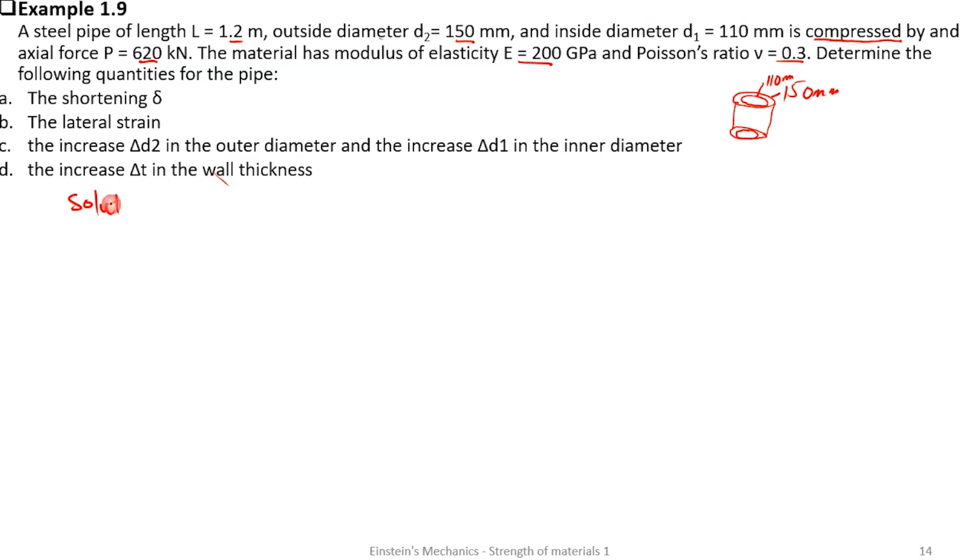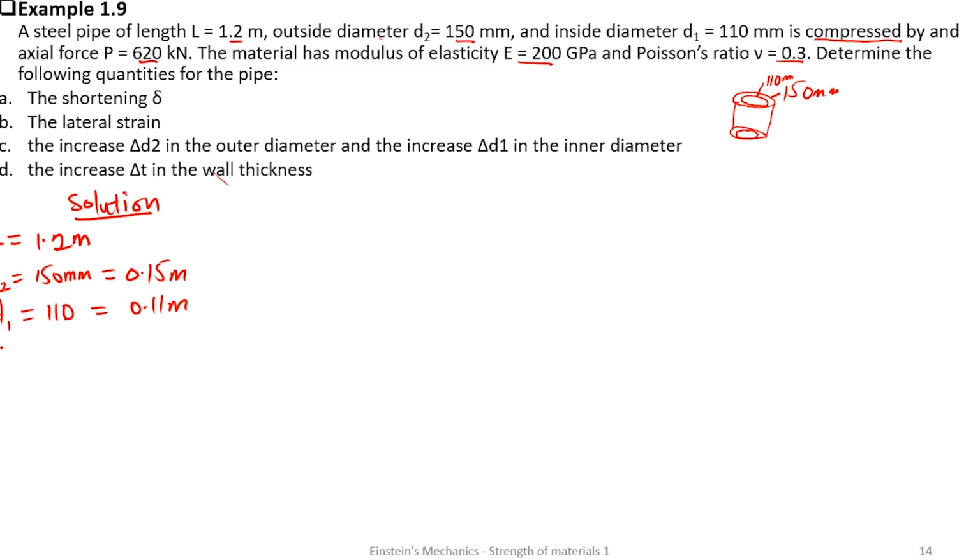The solution is quite interesting. You'll love it. This is strength of materials. So the length is already in meters. D2, the outer diameter, was 150, which is the same as 0.15 meters. The D1, the inner diameter, was 110 and is the same as 0.11 meters.